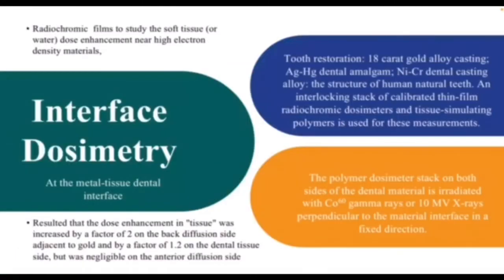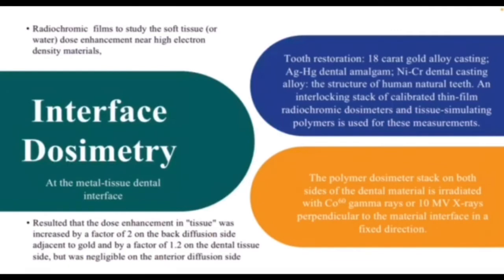Now for interface dosimetry at the metal-tissue dental interface. Radiochromic film is used to study the soft tissue or water dose enhancement near high electron density material. Tooth restorations include 18 karat gold alloy, AgHg dental amalgam, and NiCr dental casting alloy, in the structure of a human natural tooth.